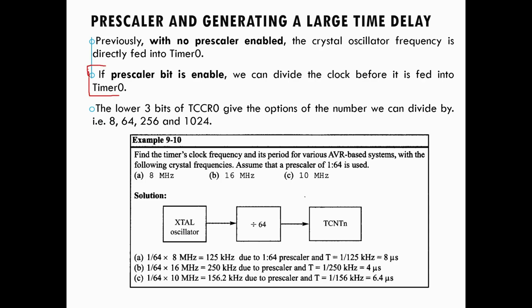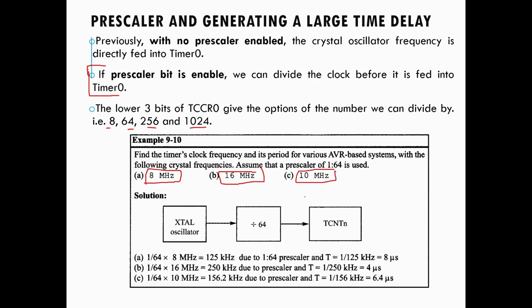The lower 3 bits of TCCR 0 give the options of the number we can divide by: 8, 64, 256 and 1024. For example, here we have the following frequencies: 8 megahertz, 16 megahertz, and 10 megahertz.